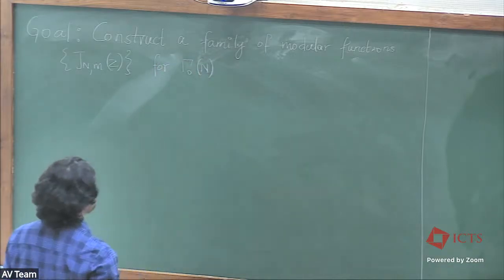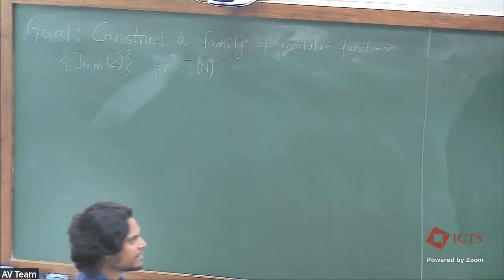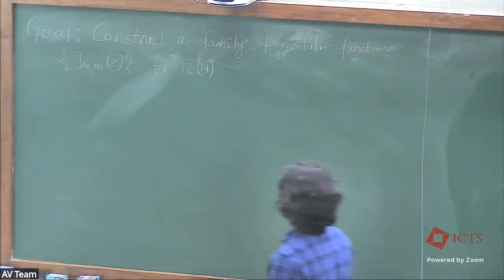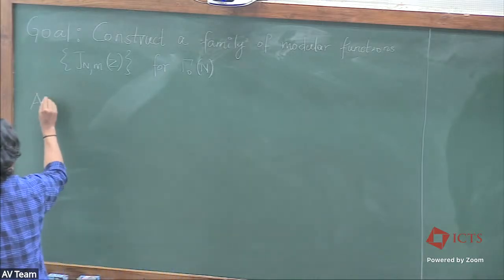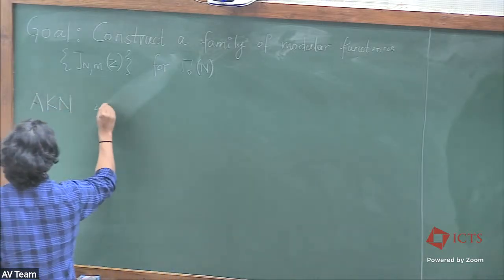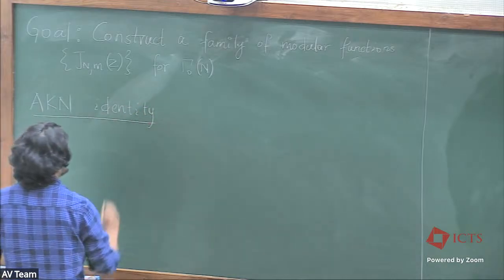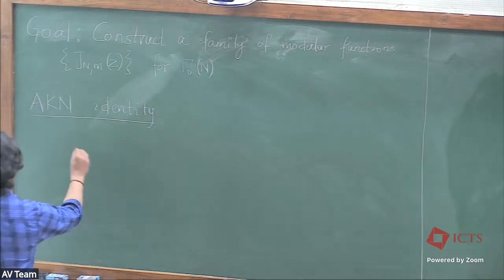So let me first explain why we need a whole system of functions here. It turns out that this denominator identity is equivalent to another identity called the Asai-Kaneko-Ninomiya identity. This identity is as follows.